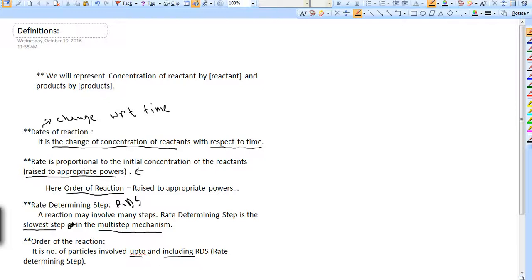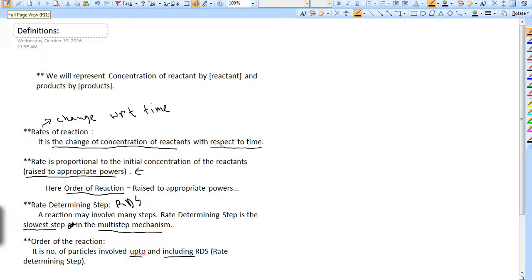Obviously the reactants will react and form products, but here we are only concerned about the reactants. I hope that you have understood the definitions. If not, let me know in the comment section.